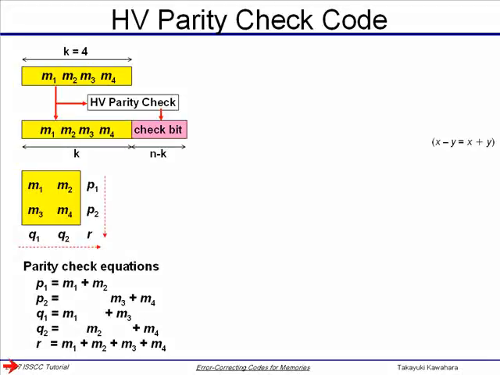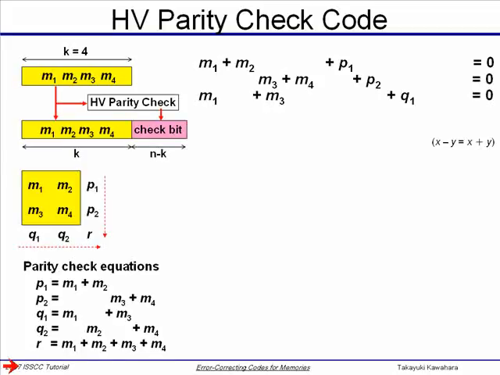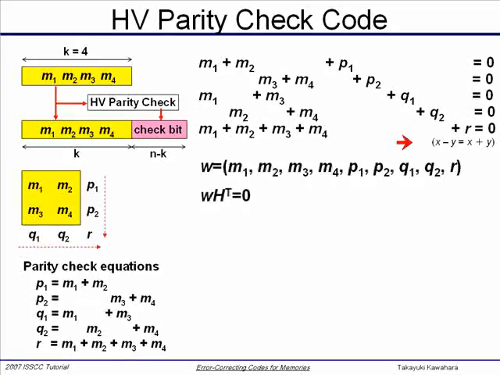Then I write down the H. I write this equation in this style. As I said again, the information is minus equal plus. From this situation, we write it in this form: this is the code word and this H matrix gives 0.